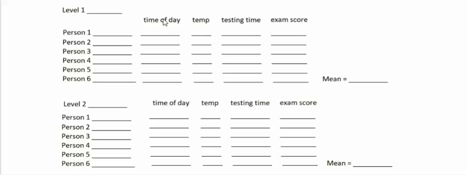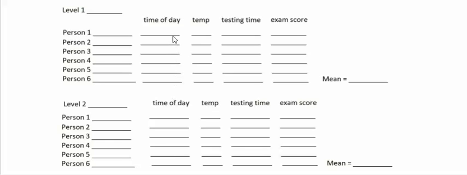Now, if I say to balance time of day, then what that means is pick 2 different times of the day. Like it could be 9 a.m. and 11 a.m. It could be 10 a.m. and noon. Just 2 different times of the day, and make group 1 half and half, and make group 2 also half and half.